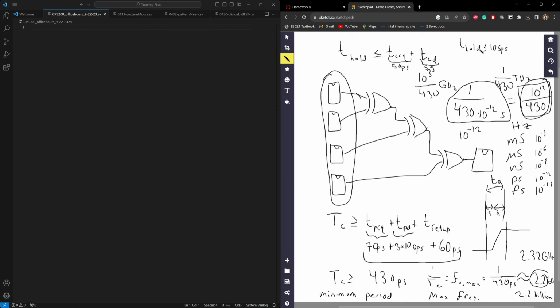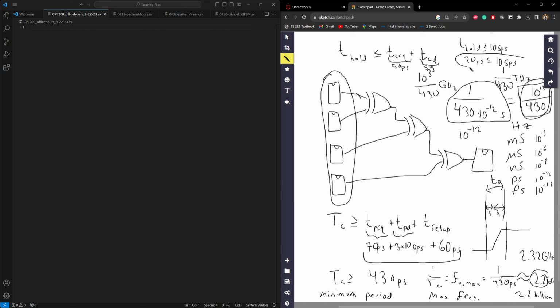So with that in mind, what is our actual T hold value? What does it tell us it is? It's 20. Yeah, the problem says it's 20 picoseconds. So as a question to you, is this hold time constraint met? Yeah, 20 is less than 105, so we're good.